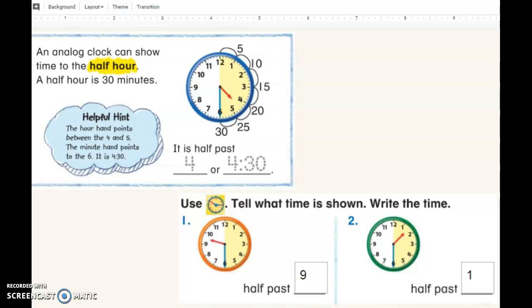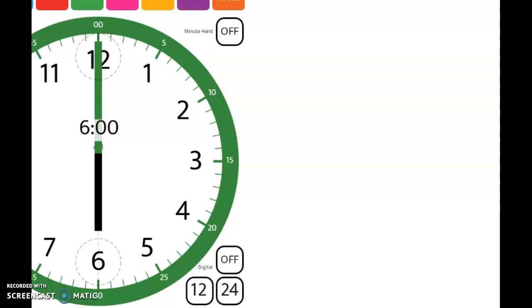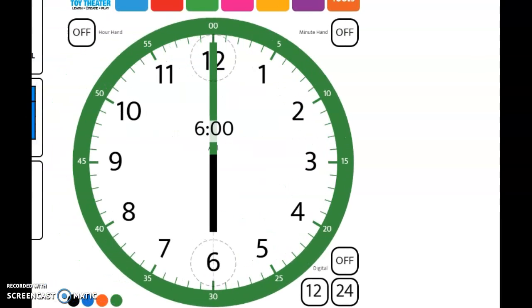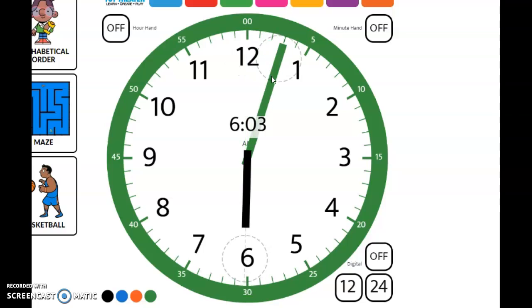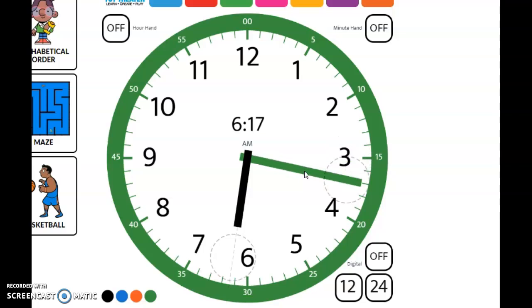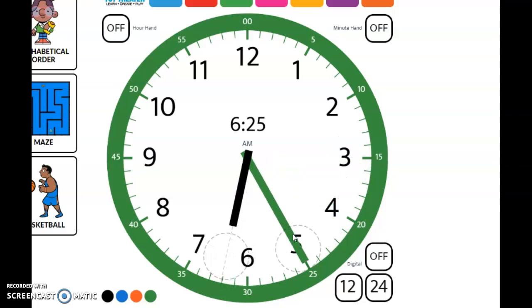Right now, I want to take a look at the bigger clock, so maybe we can get a better sense of how the clock looks when we're telling the time to the half hour. Right now it's 6 o'clock, so let's change that. The minute hand is going to go to the 6 to represent that 30 minutes have passed.